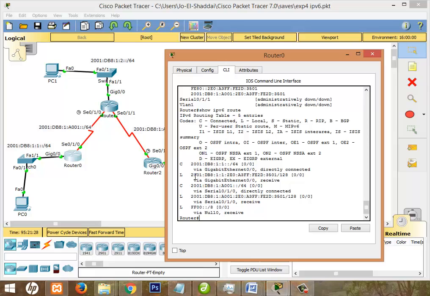As you can see here, it has several different codes. Like I mentioned earlier, we have different interfaces here, and among these, only two are connected: serial 0/0 and gigabit 0/0.